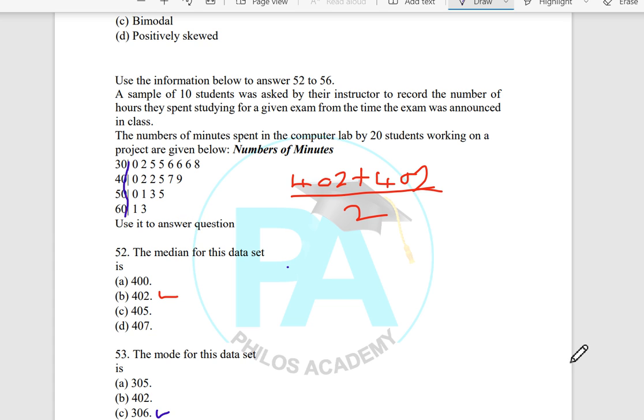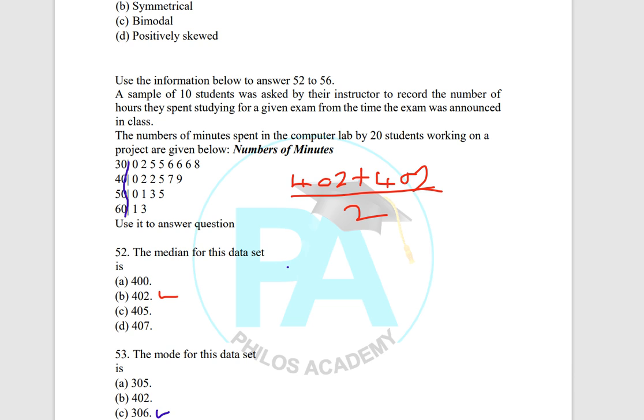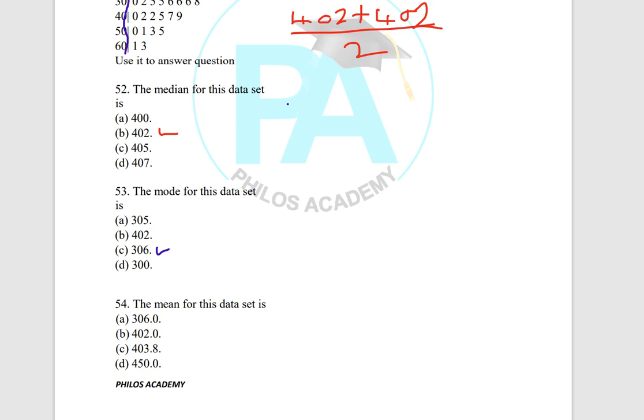When you do it, you should get your answer as, I think, C, that's 403.8. If that's not the answer, you can correct it. That's the procedure, so use your calculator to do that, please.